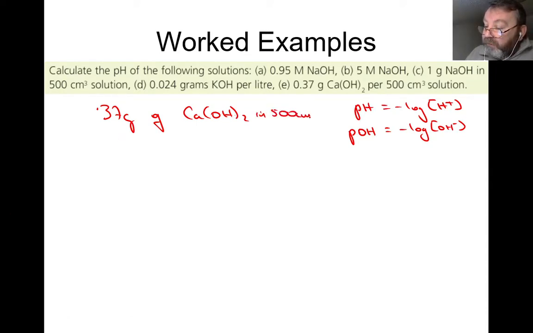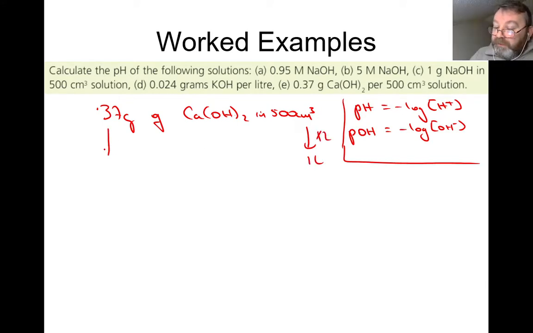500 centimeters cubed. Okay. So now the first thing I've got to do is get that up to 1 litre by multiplying it by 2. So let's multiply this side by 2 as well and see how many grams we have in a litre. So 0.37 multiplied by 2 comes out as 0.74 in 1 litre.